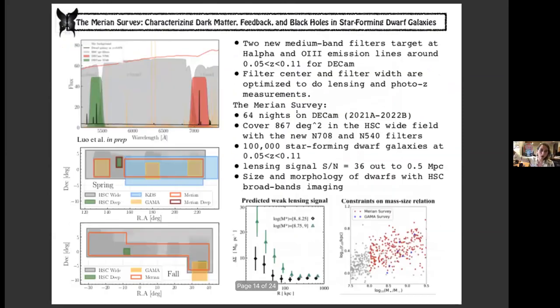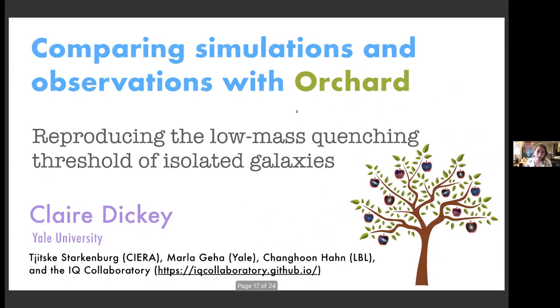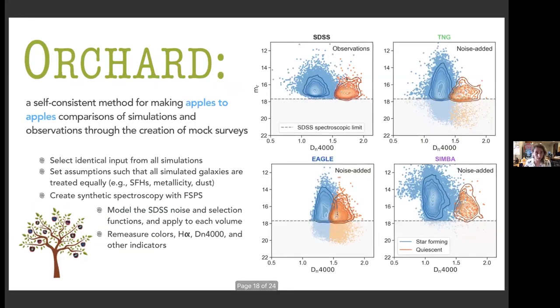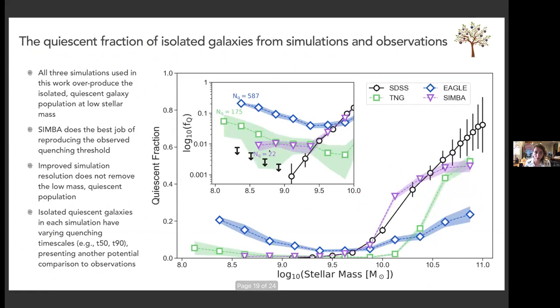Absolutely. In this case, we did the same measurement of the isolated quiescent fraction on the two 25 megaparsec boxes in Eagle, so the L25 reference and the L25 recal. Then we also looked at a higher resolution 25 megaparsec box from Simba. We were not able to do the same test on TNG 50, unfortunately.